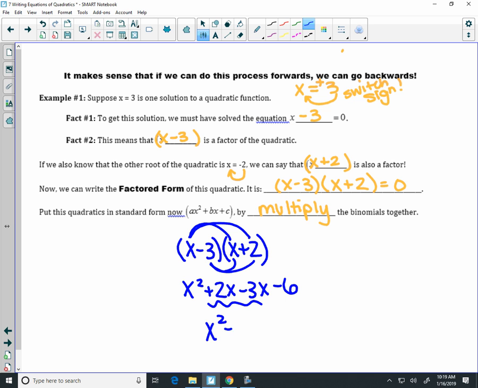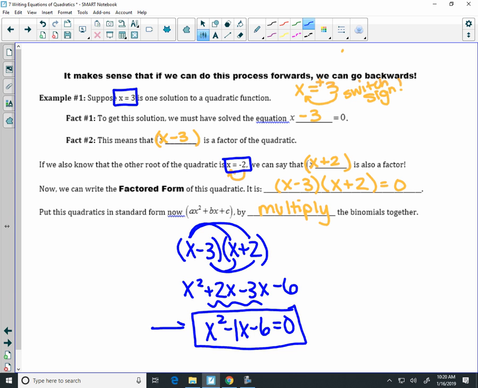Negative 2 plus 3 is negative 1. So if we have a quadratic that has two solutions, and the solutions are x equals 3 and x equals negative 2, the original equation would be x squared minus x minus 6.